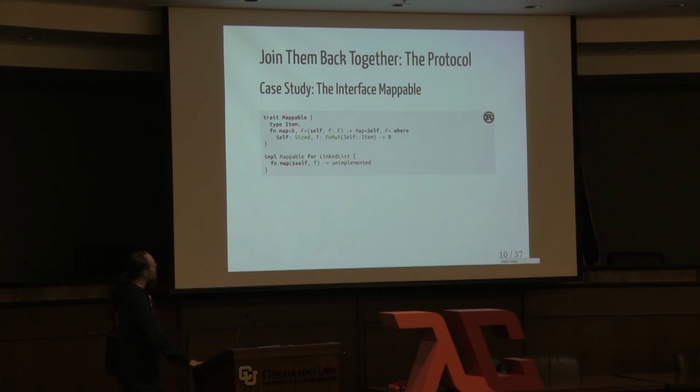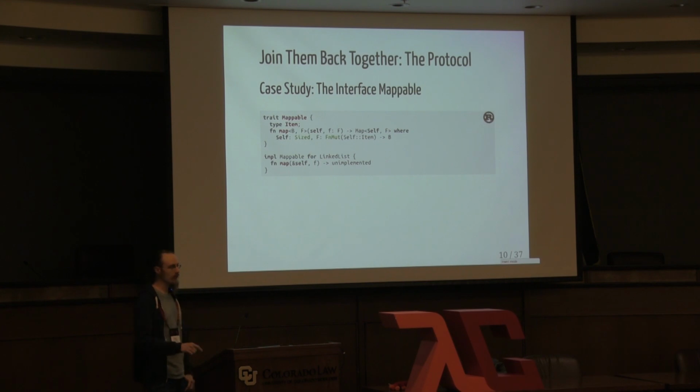So for Mappable, the trait Mappable also has a bit more interesting type signature because of how Rust works underneath. And you can also write a Mappable implementation for a linked list. Although this is not entirely idiomatic Rust, it would work differently if you'd actually use it.